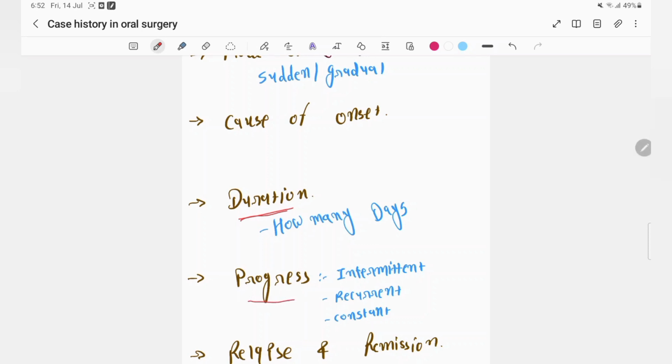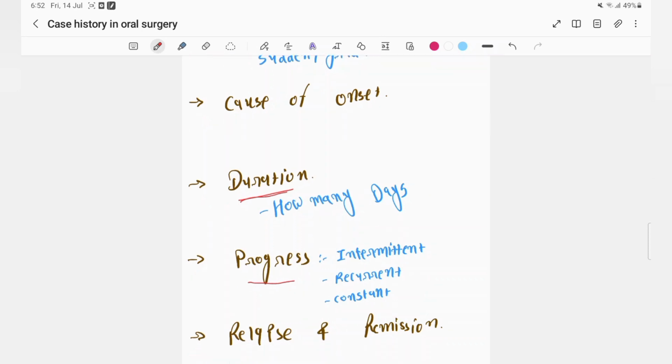Then progress. So there are three types of progress. It can be intermittent, recurrent or constant. What is intermittent?